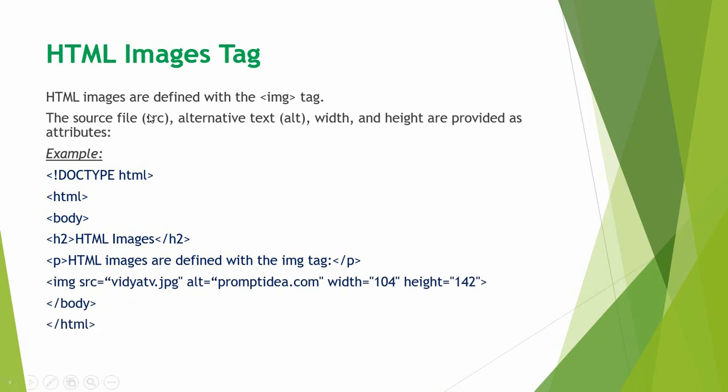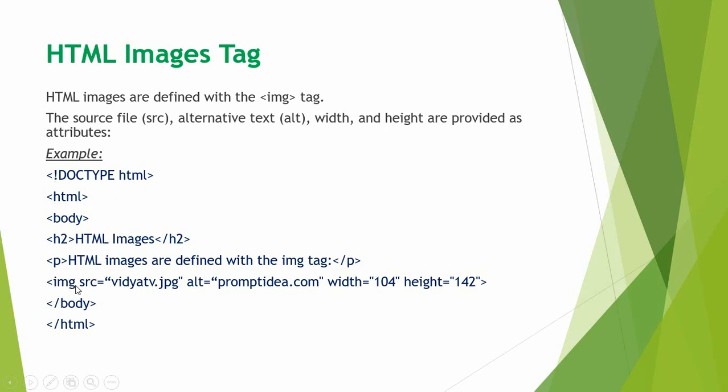Here you can see this is one attribute, src, then next one is alt, that means alternative text, then width and height. These are the basic attributes of the HTML image tag. An attribute helps in displaying the content of HTML tags. This is a sample: document type HTML, body, h2, p.